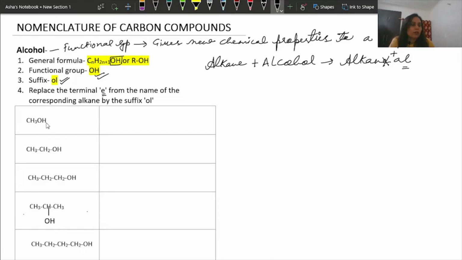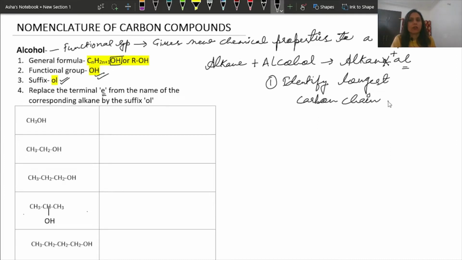Now this is the first example, CH3OH. So our first thing is to identify or to choose the longest carbon chain. This is our first step. These steps we have already discussed in my previous video.